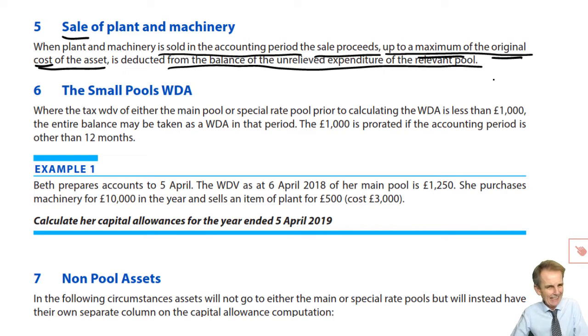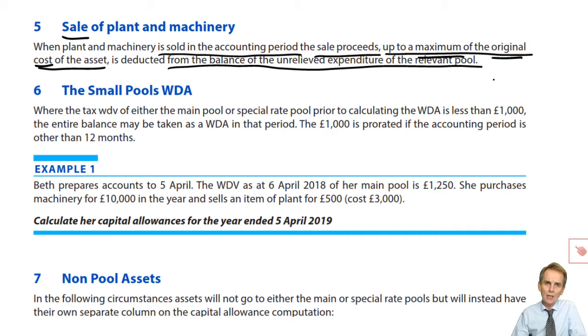Now, second-hand plant and machinery. Is it at all likely that we're going to sell that for more than original cost? No. So in reality, 99.99% of occasions, you will be deducting the sales proceeds because it will be significantly lower than that original cost.